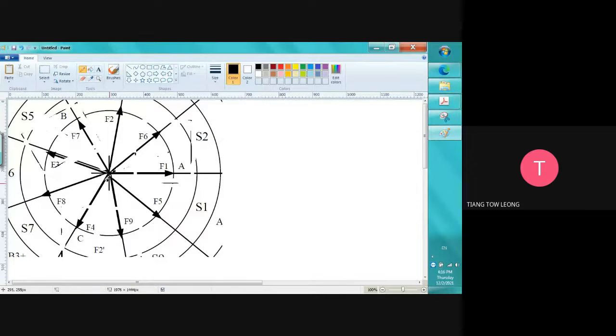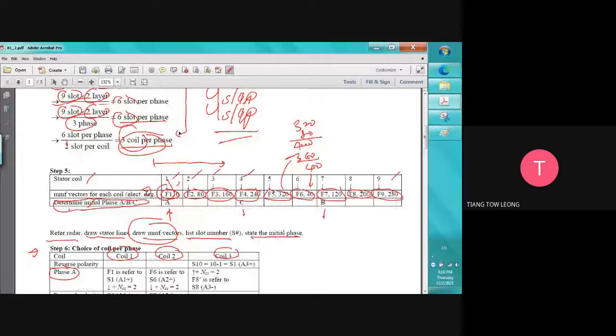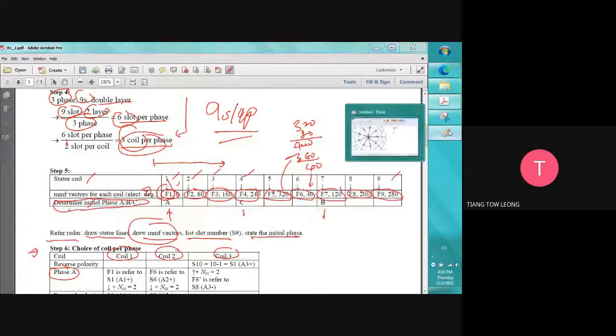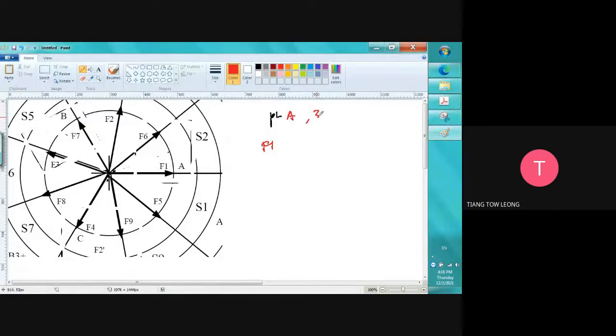The problem is that, just now we know phase A must have F1. And from this calculation, we must have 3 coils, which means 3 MMF. So we need to choose 3 MMF. The first one, A1, must have F1. So what is the possible solution?